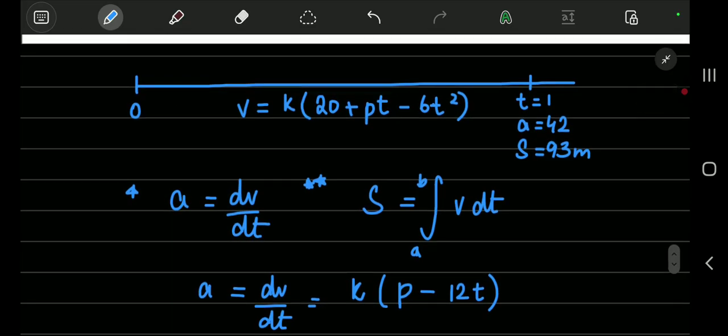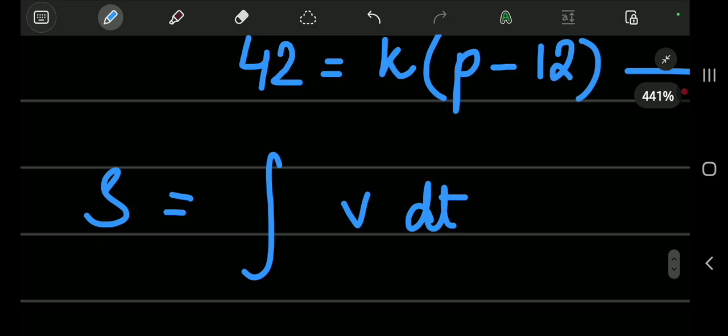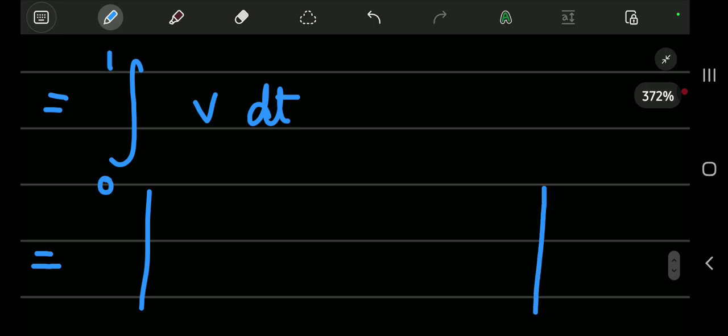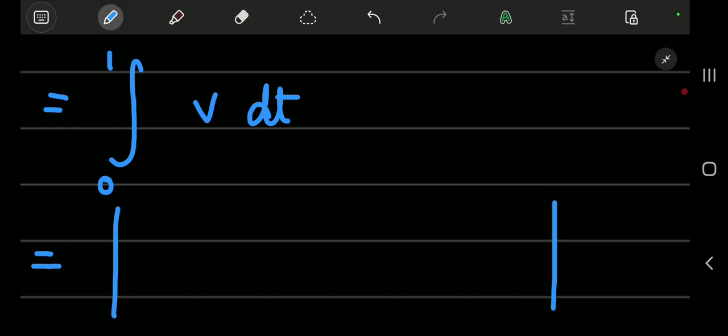So what are the limits? The limits given here are that the distance till t equals 1 is 93 meters. So obviously from 0 to 1. What is the velocity equation? I'm directly integrating without writing the equation. First you should write the equation and then integrate in the second step.